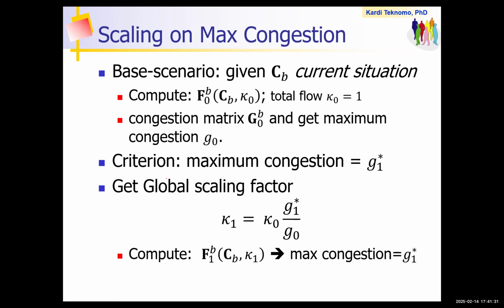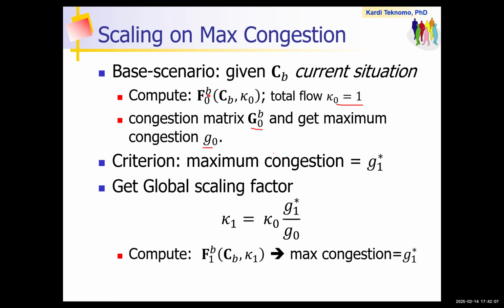Now what happens if you have two scenarios? We call them the base scenario and the alternative scenario. For the base scenario, I put superscript B here. Again, the same thing: you have K0, which you don't know, so I put K0 equal to 1. I calculate the maximum congestion and get G0.